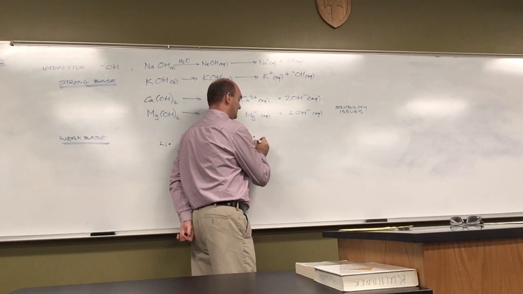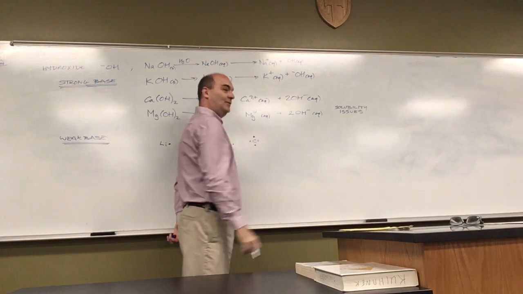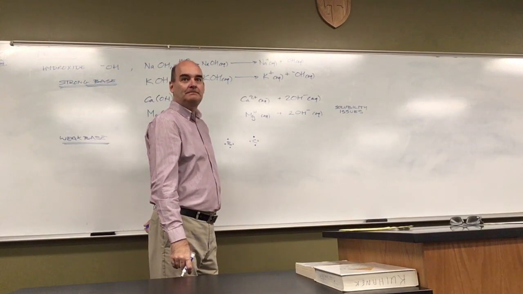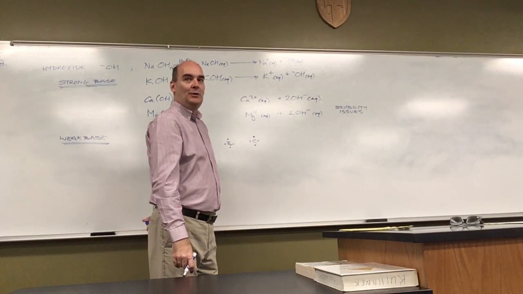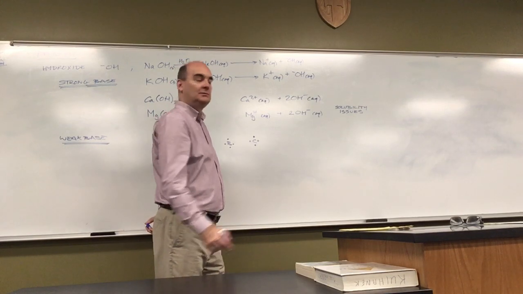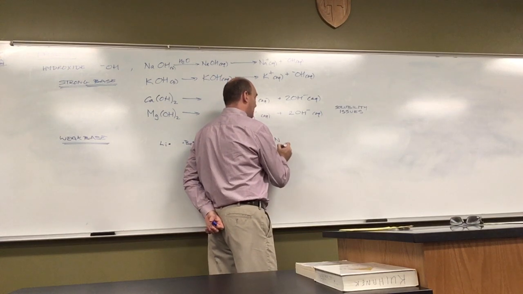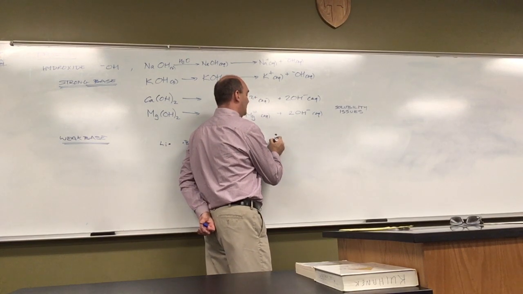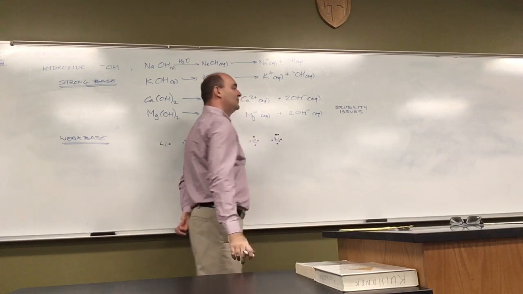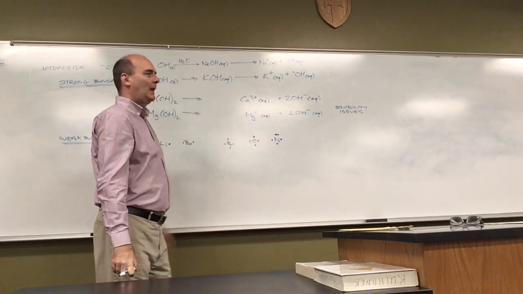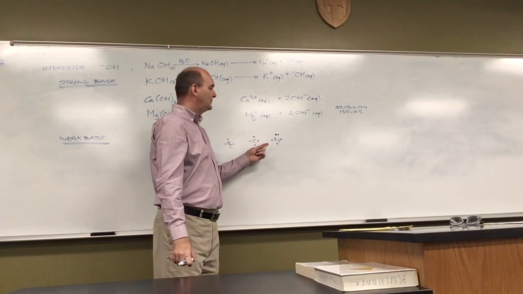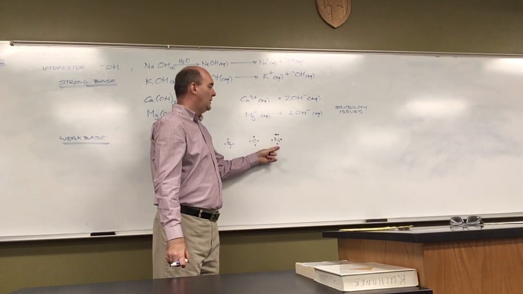Carbon has 4 unpaired electrons, makes 4 bonds. No lone pair of electrons. What about nitrogen? 1, 2, 3, 4, 5. Nitrogen is in group 5, however, it always makes 3 bonds because it has 3 unpaired electrons.